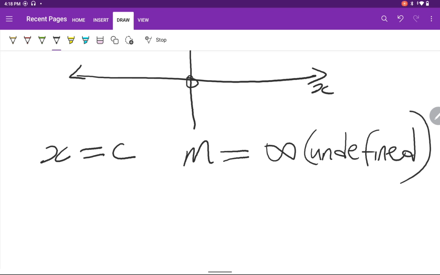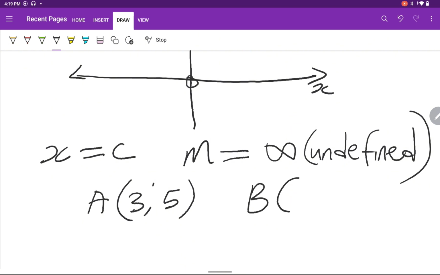It means, as learners, when we calculate the equation between 2 points, we may find ourselves in a situation where we are unable to define the gradient. Let me give an example. Let's say we have point A with the coordinates 3 and 5, and point B with the coordinates 3 and 7.